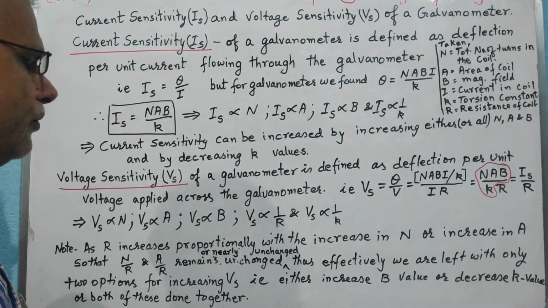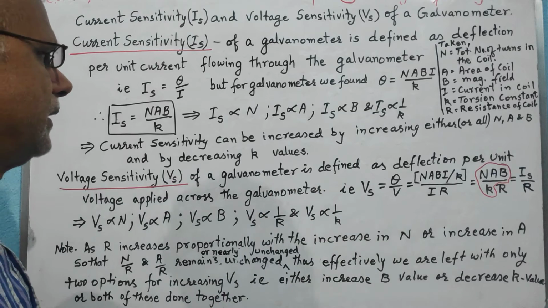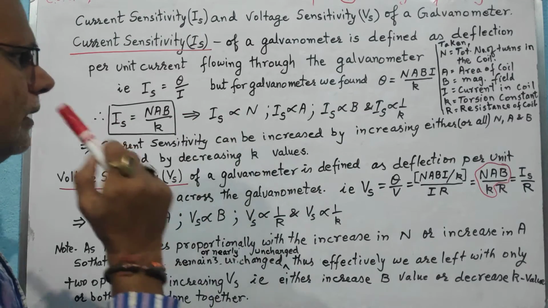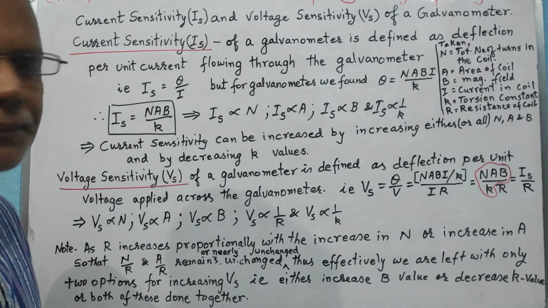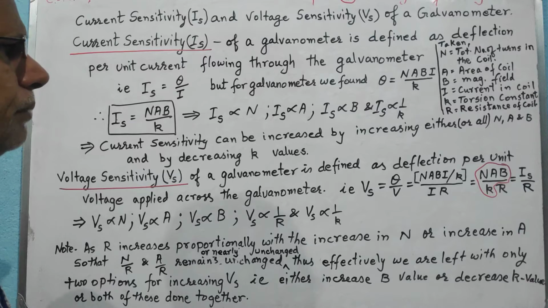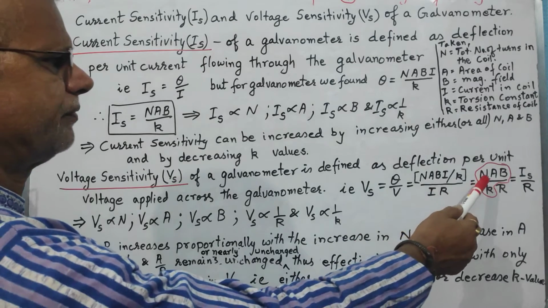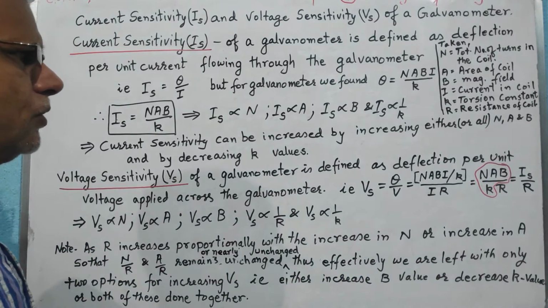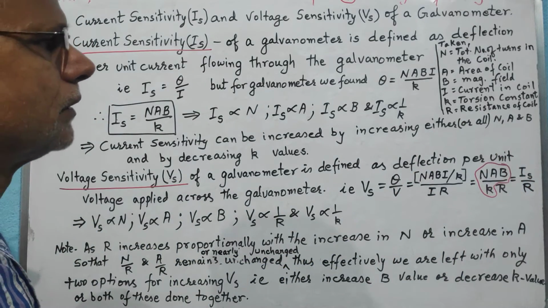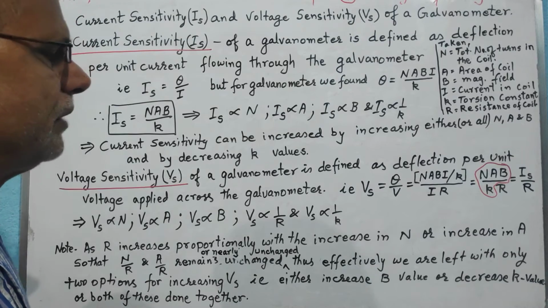Now one thing, if you are increasing the current sensitivity by increasing the number of turns, then the resistance of the coil also increases in the same proportion. So as a result, what happens? Say for example you have doubled the number of turns. So the current sensitivity will become twice the previous one.